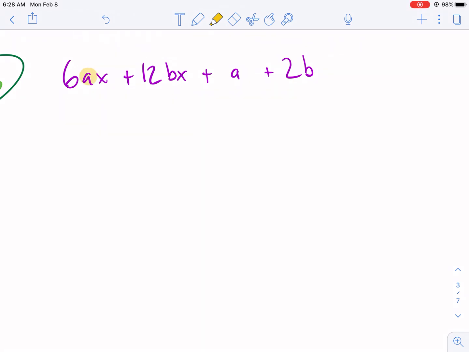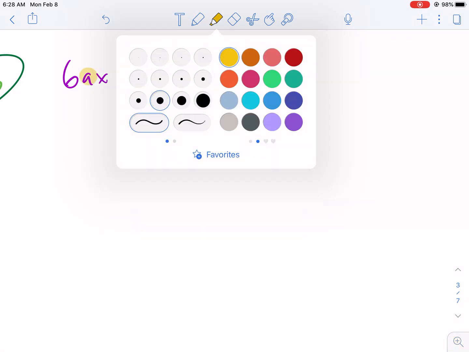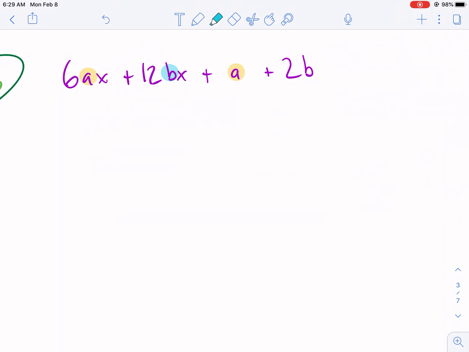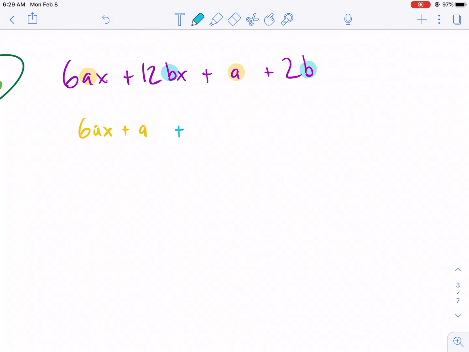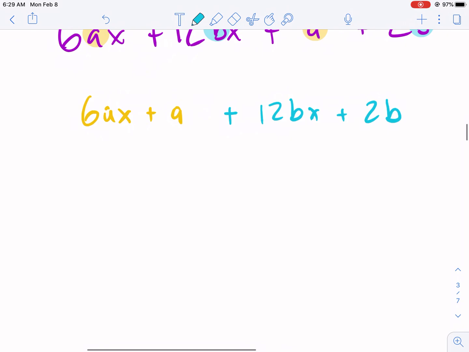So we have an a here, and then we have a b here and a b there. So we're going to write the b's and the a's next to each other. So we have 6ax plus a, and then I'm going to put the b's next to each other, plus 12bx plus 2b. Now, between each group, I'm going to see if there's common factors.